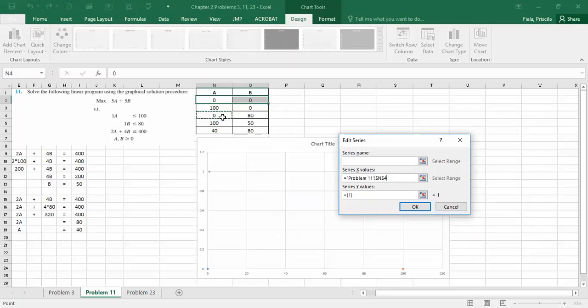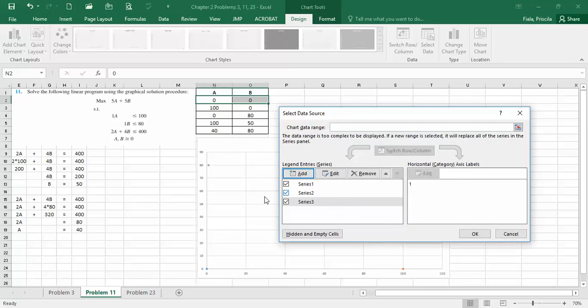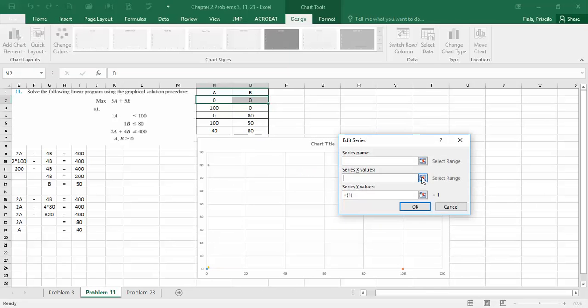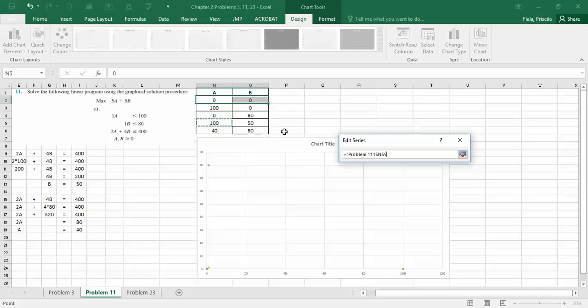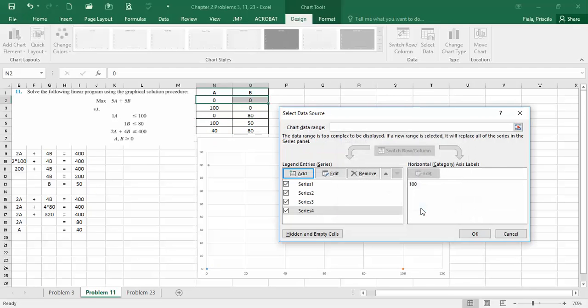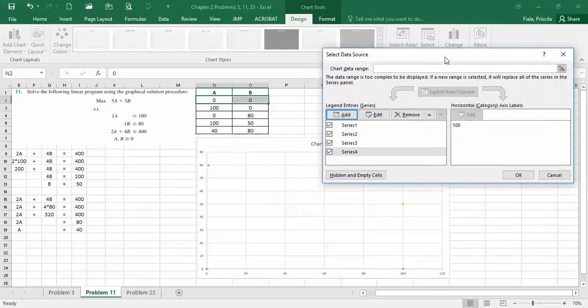Let's add a third one now. When A is 0, B is 80. And there's the point right there. Let's add one more. We have when A is 100, B is 50. Okay, let me move it over here. There is the point.